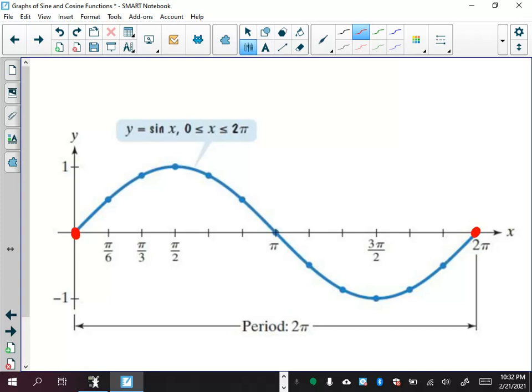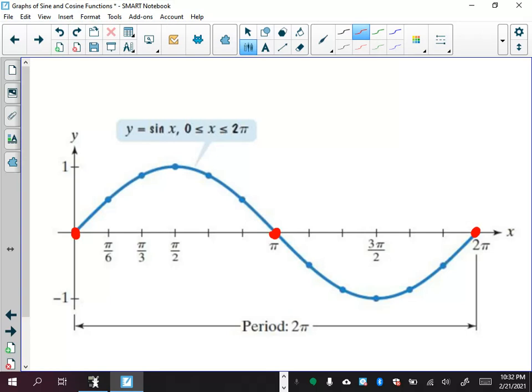Once you find the 2 of the 5, the other x-intercept is literally halfway in between. So if this had been 5 pi instead of 2 pi, then this value here would have been 2.5 pi. Whatever you're starting with, 0 to 2 pi in this case, halfway between that is pi. So that's 3 of your key points.